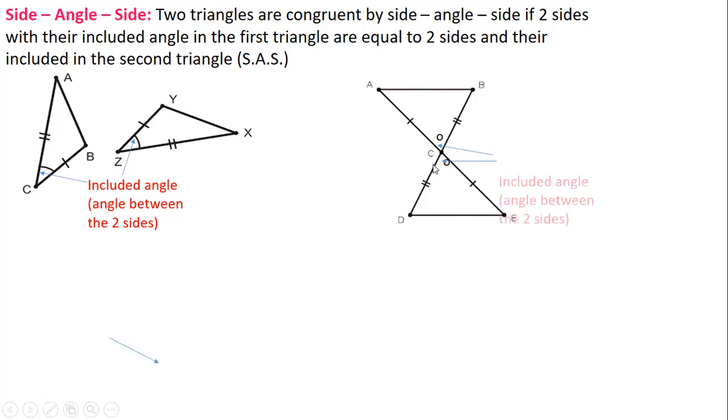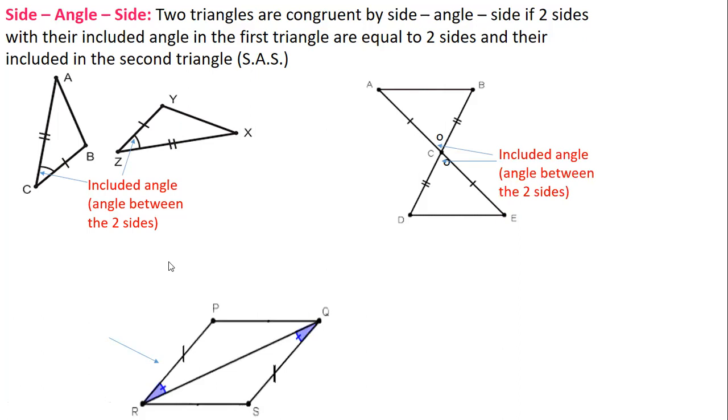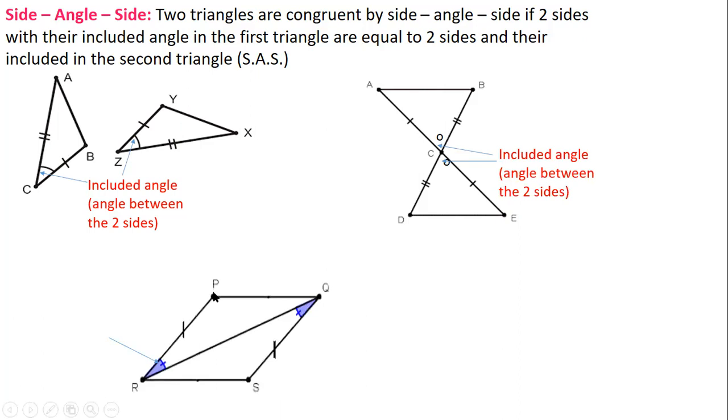In the last figure, in triangle PRQ and triangle RQS, between side PR and side RQ, angle PRQ is the included angle. Between side RQ and side SQ, angle RQS is the included angle. So this is the included angle between the two sides.